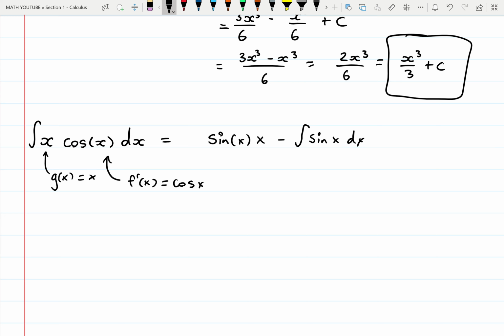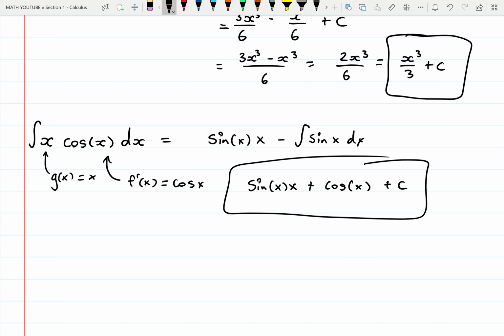And now we know how to solve this. We just get x sine of x, subtract the integral of sine of x, which is minus cosine of x, so we actually get a plus. So we get plus cosine of x, and of course a constant of integration.